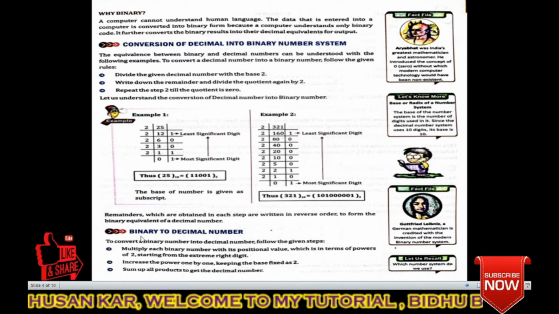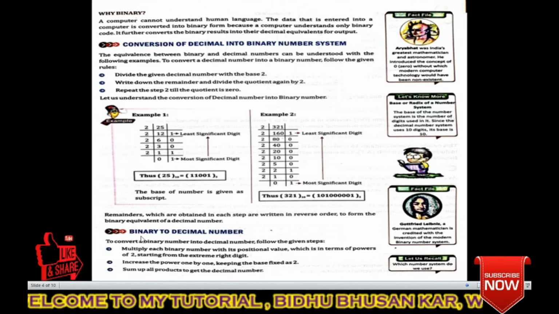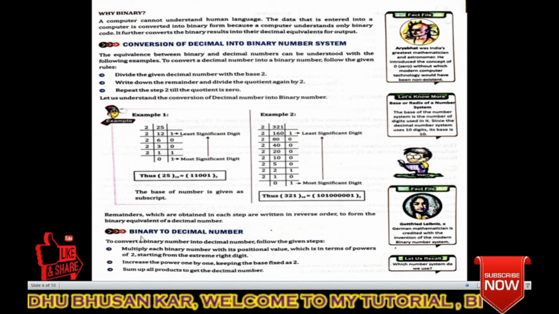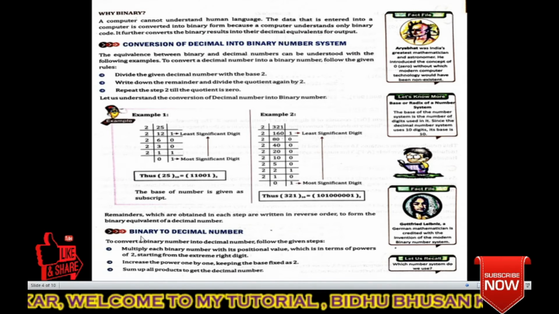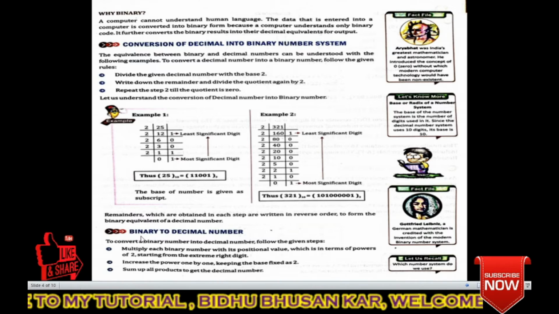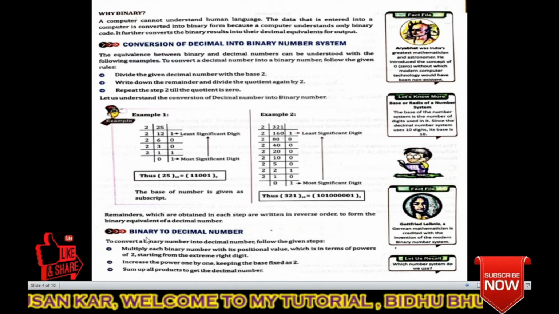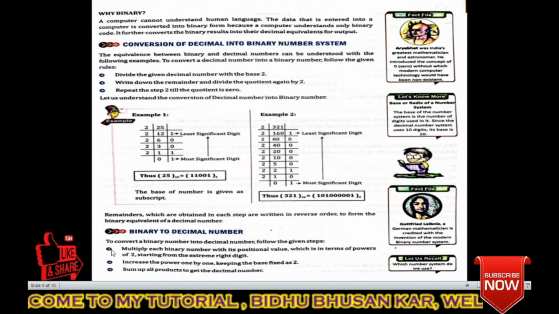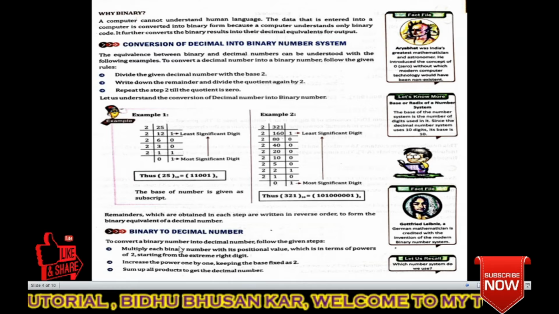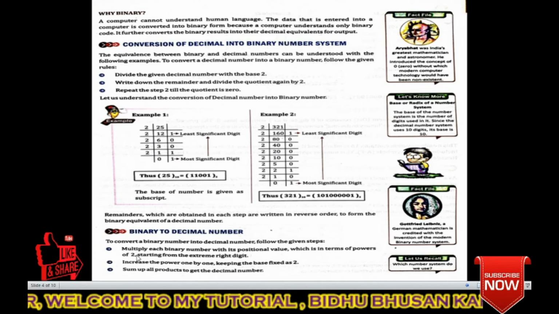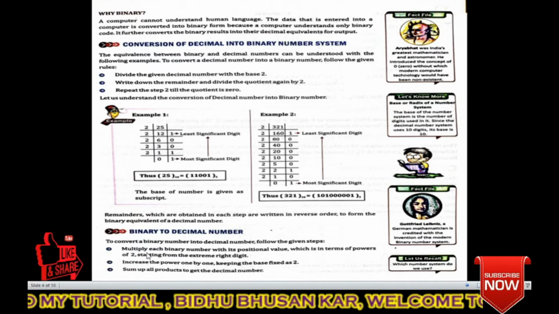If the computer wants to show something, how will it represent it? The computer will convert it like this and show it as a decimal number to the user. Let's read. To convert a binary number into a decimal number, follow the given steps. What is the first step?